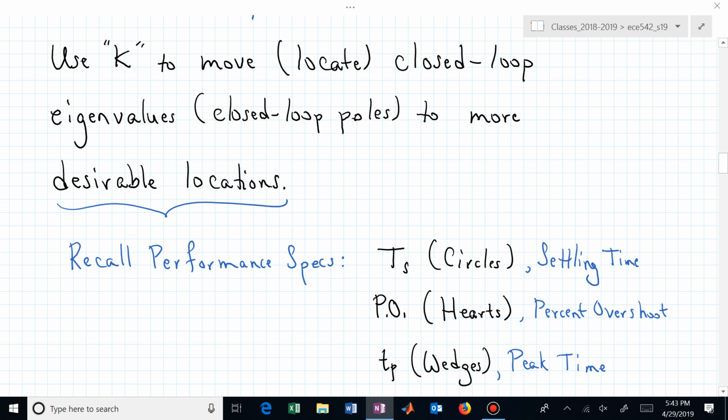Those performance specifications could give rise to dominant poles, the poles that dominate your system behavior. Those are the triangles that are closest to the unit circle.